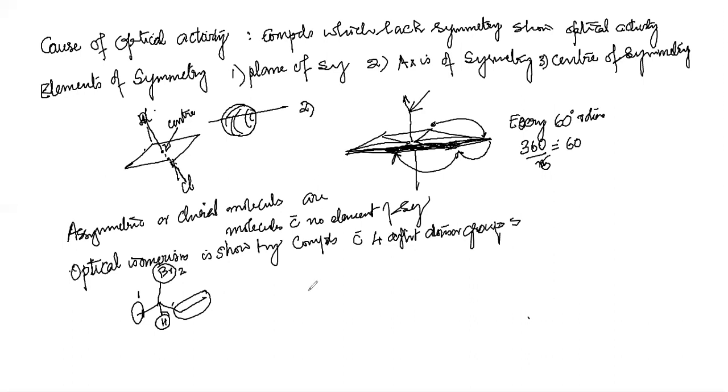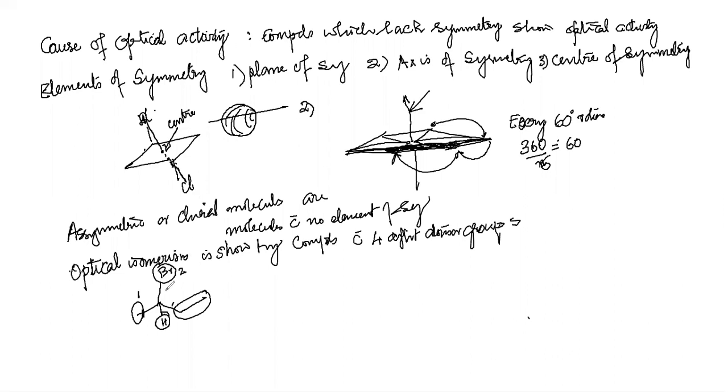This molecule will show optical activity because its mirror image is not superimposable on the original molecule. So the presence of chirality is a criterion for optical isomerism.